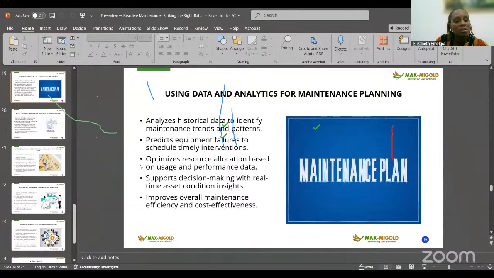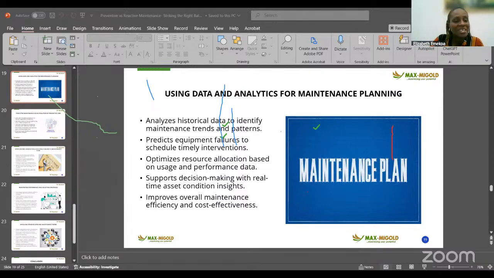When you carry out a service, you carry out the maintenance, you record it properly. Over time, if you are handing over to another facility, they can know that this is what was done and this is how it was done. It's data. Are we together? When there's no data, it's very difficult for everyone to work.